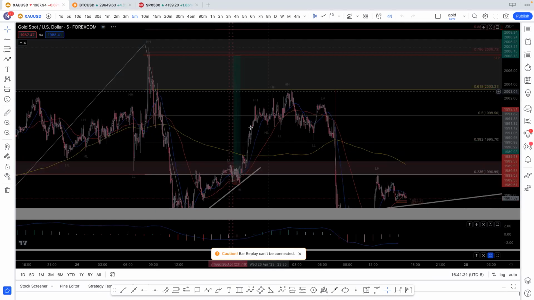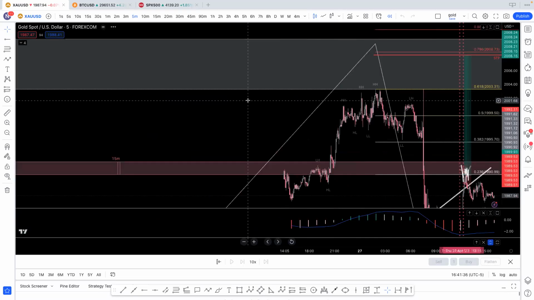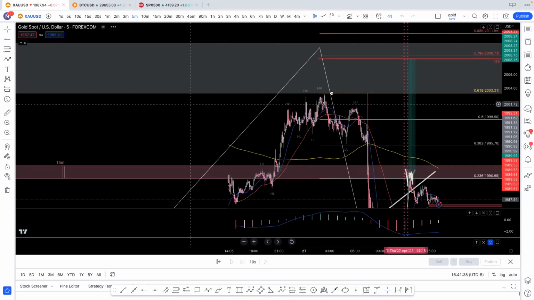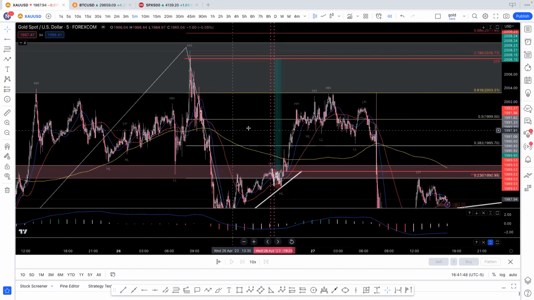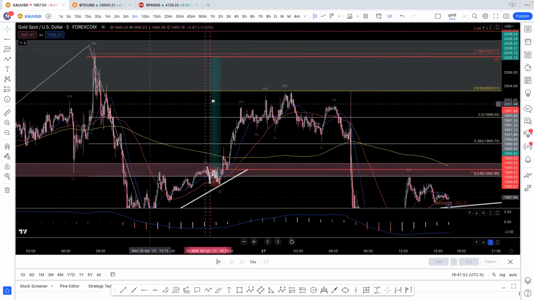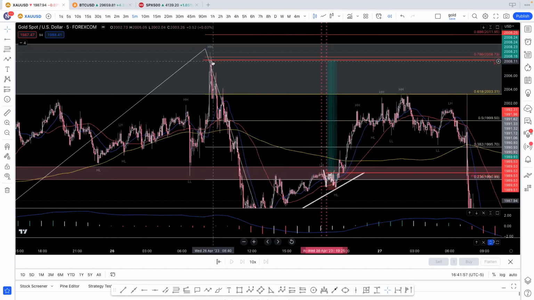And then another thing is with this particular candle right here, instead of me using it for my take profit goal, I should have potentially, what was my thought?